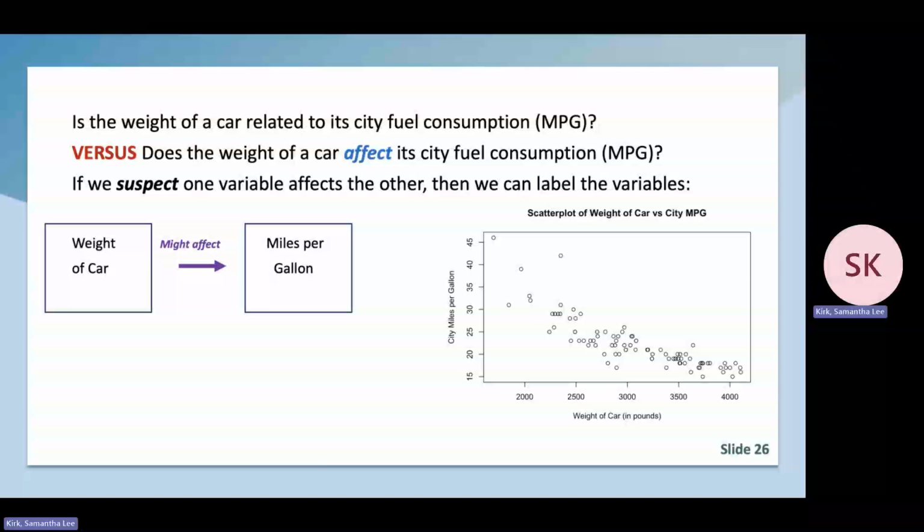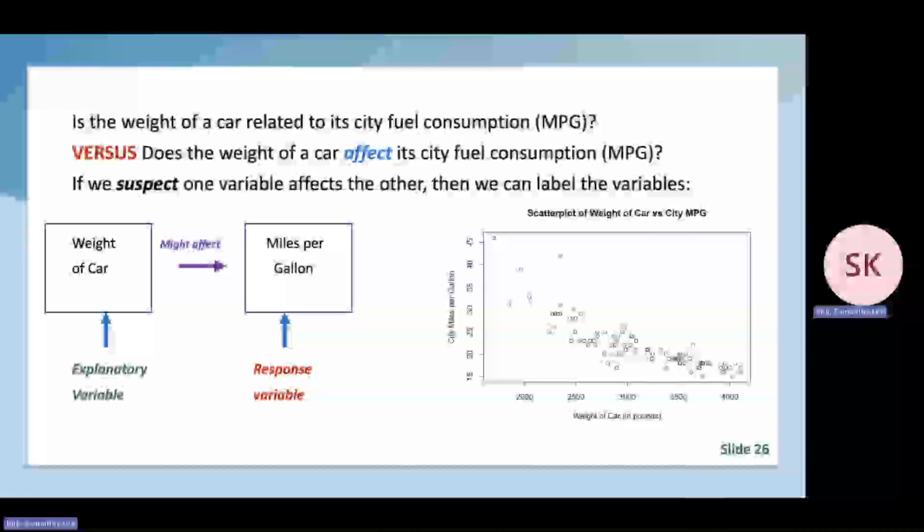Like I would think the weight of a car might affect the miles per gallon. So the explanatory variable is the weight of a car, and the response variable is miles per gallon. So we think the weight of the car explains the miles per gallon. The miles per gallon is responding to the weight of the car.